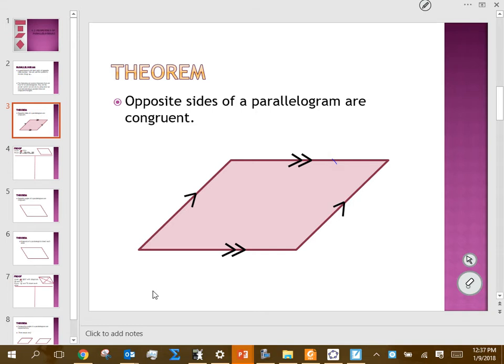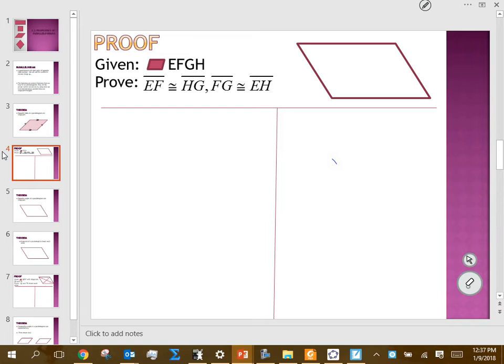So that's the theorem. We know we have a parallelogram. So our if part says, if you have a parallelogram. The then part says, then opposite sides are parallel. Or sorry, opposite sides are congruent. If you have a parallelogram, then opposite sides are congruent. That's what that last theorem says. Well, taking that information and trying to be explicit with one general parallelogram, I start with parallelogram EFGH.